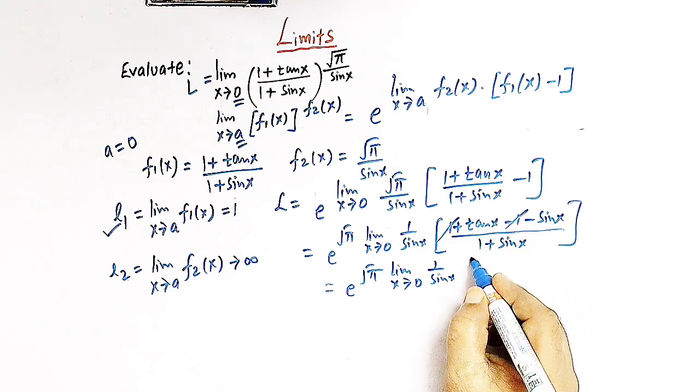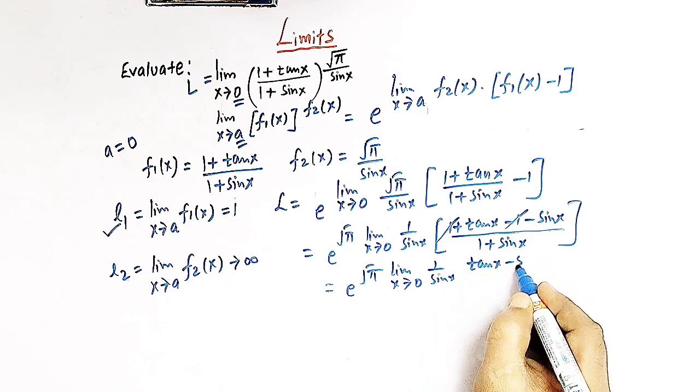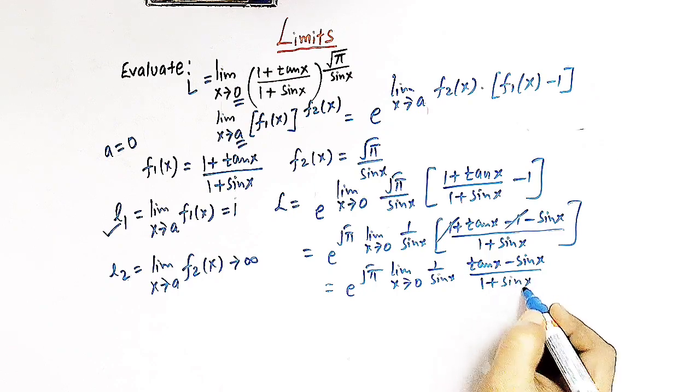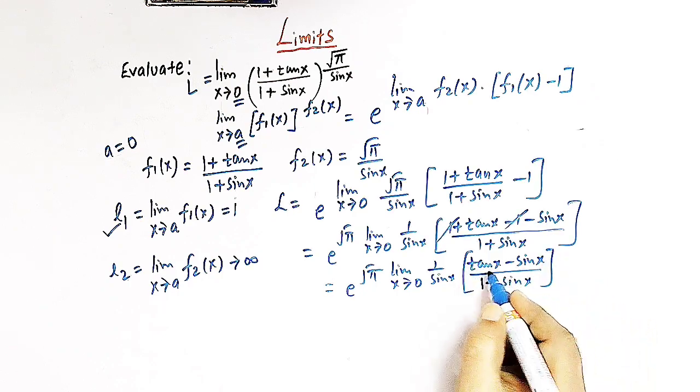Now we are left with (tan x minus sin x) divided by (1 plus sin x).